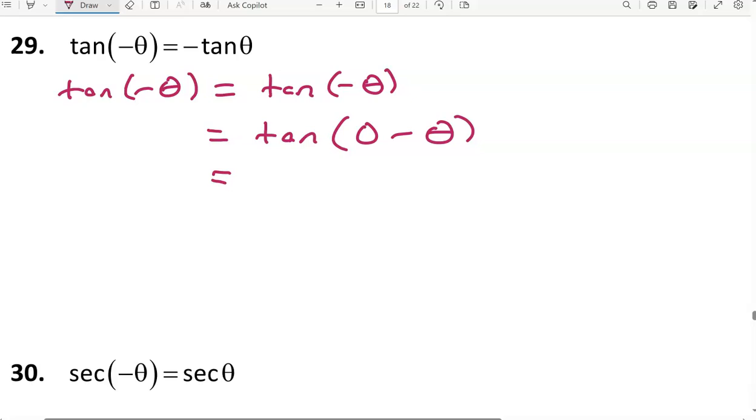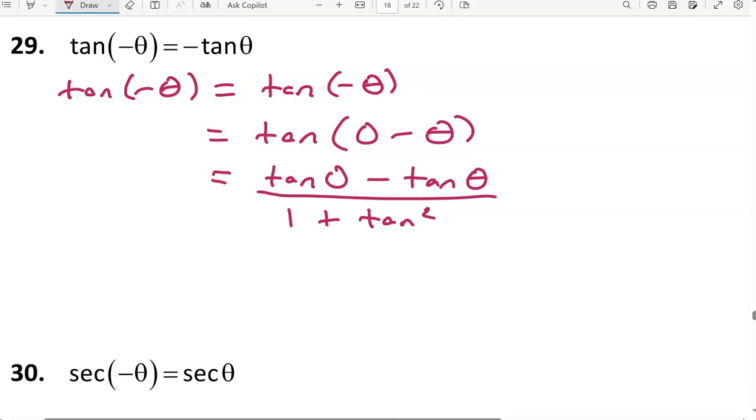So tangent of a minus b is tangent a minus tangent b divided by 1 plus tangent a times tangent b. Here tangent a is tangent of 0, times the tangent of b, which is theta.